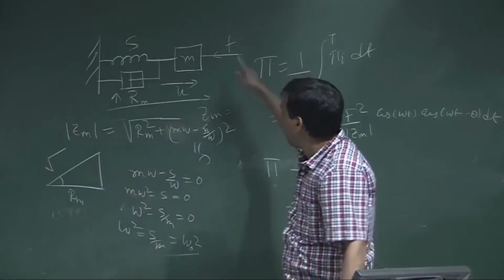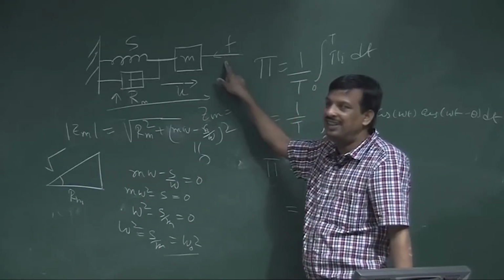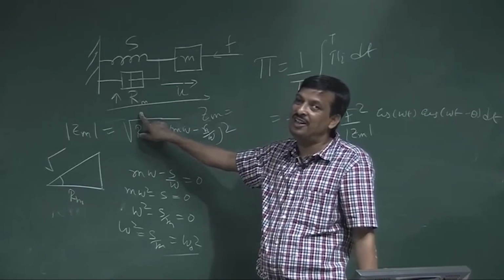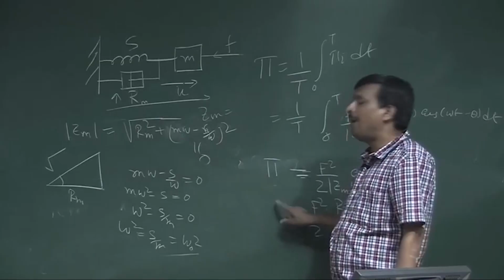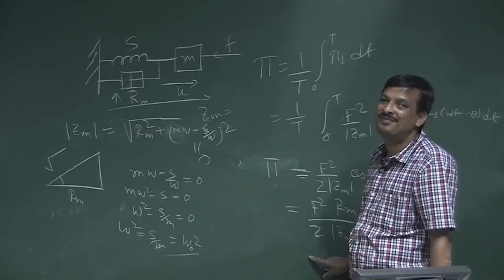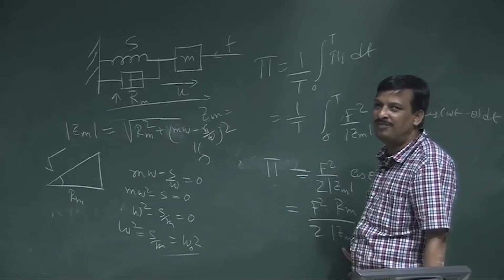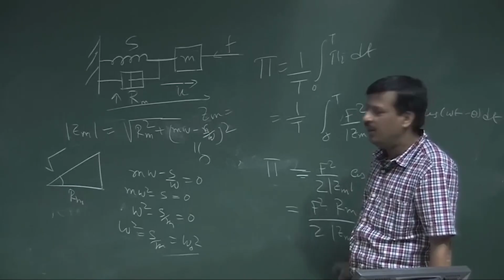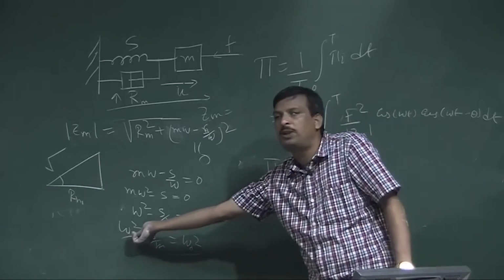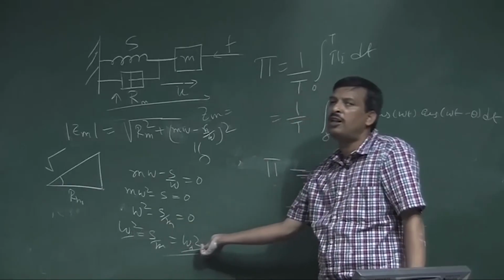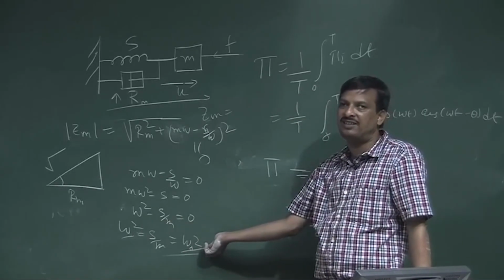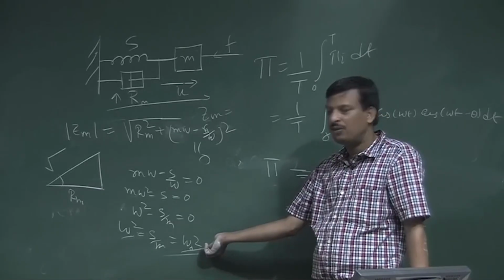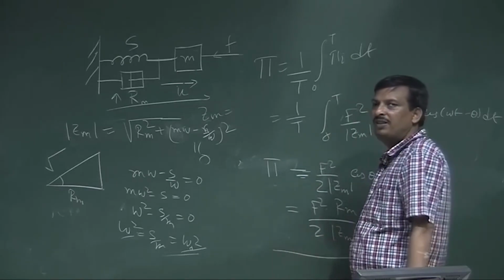So, if the applied force frequency is equal to the resonance frequency of the circuit, then resonance will happen and power will be maximum. Zm will be minimum when Xm is equal to 0. So, if the applied force frequency coincides with the natural resonant frequency of the circuit, then it delivers the maximum power. So, I get the average power to be maximum.